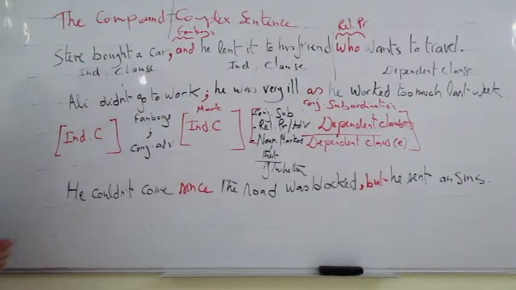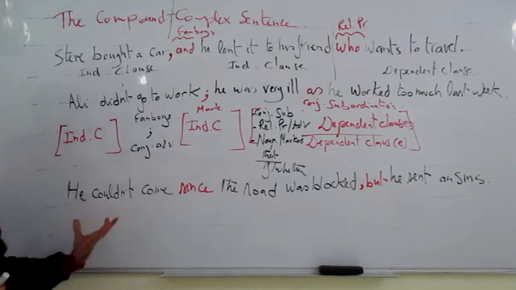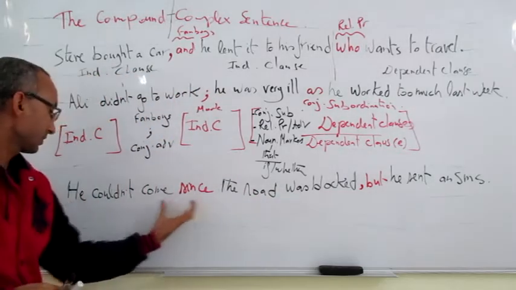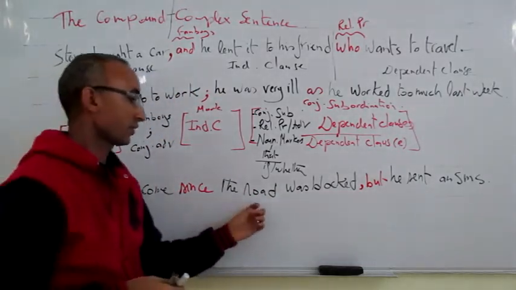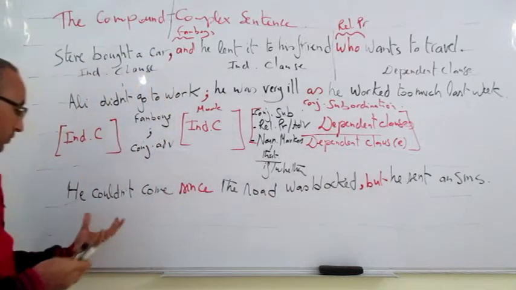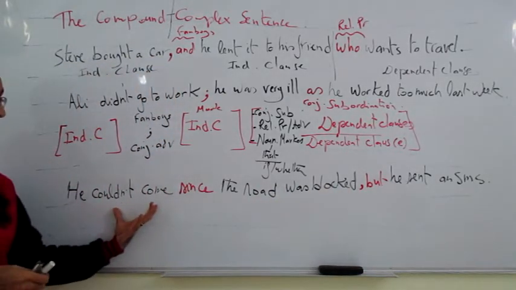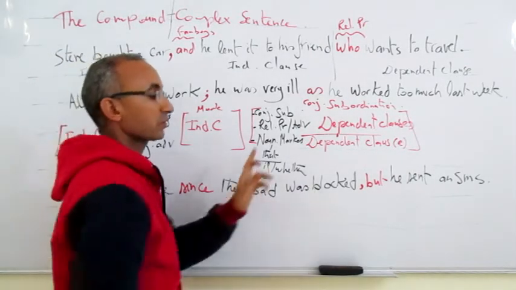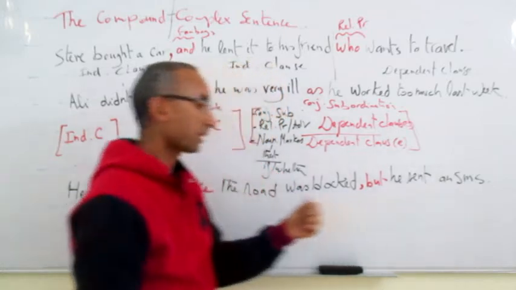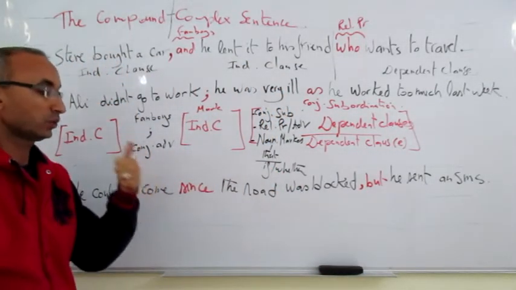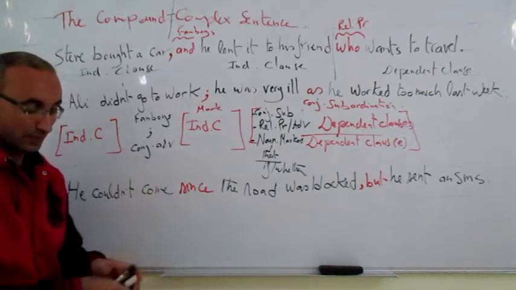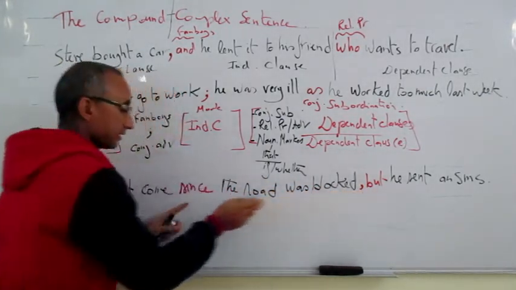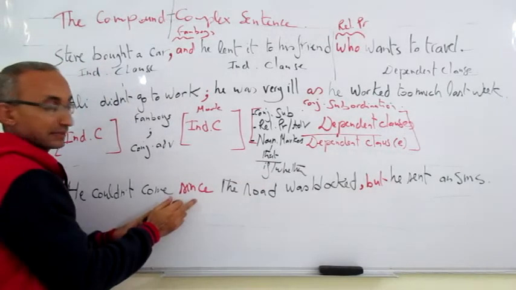A message. Now here, as long as I have these two markers, let's see. Since the road was blocked, the first one here is what? Independent, joined to another which is dependent, and the third one is independent here. Now my first clue that this one is compound complex is the use of both markers of the compound and the complex sentences.